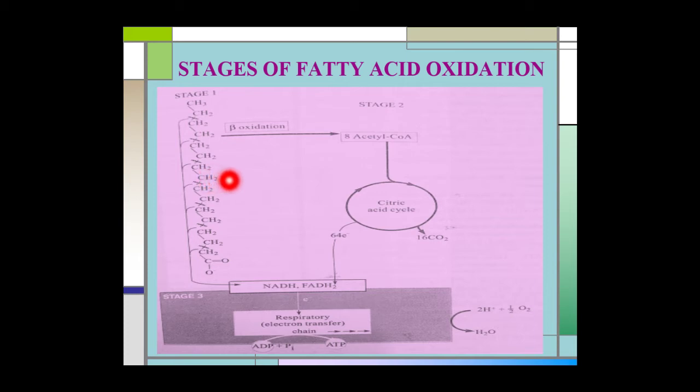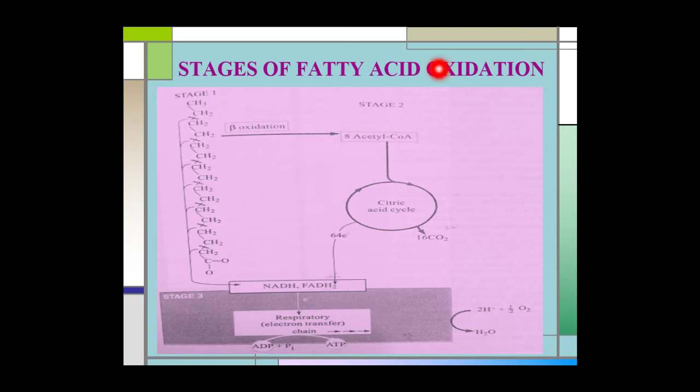At the end of the 7th cycle, the last 2 carbons of palmitate are left as acetyl coenzyme A, and the overall result is the conversion of this C16 carbon chain of palmitate to 8 molecules of acetyl coenzyme A.